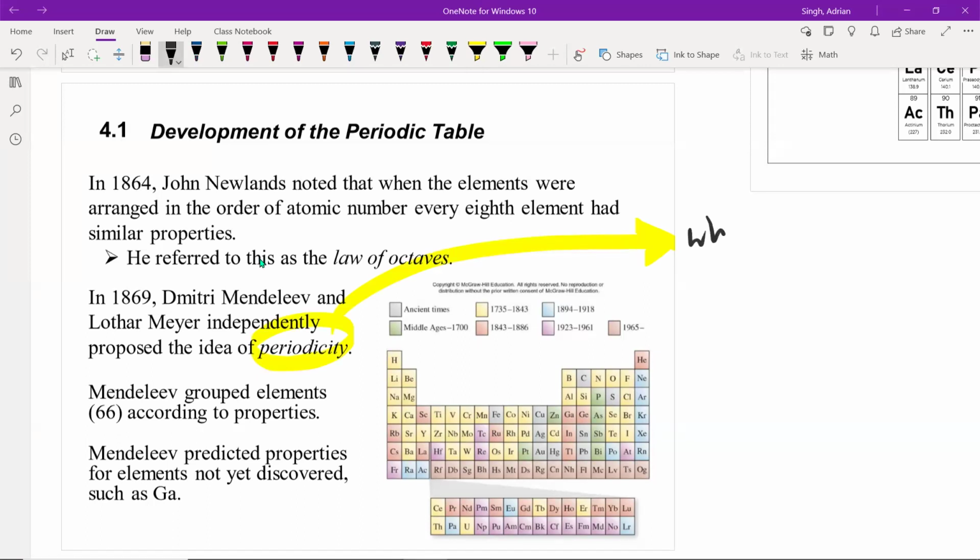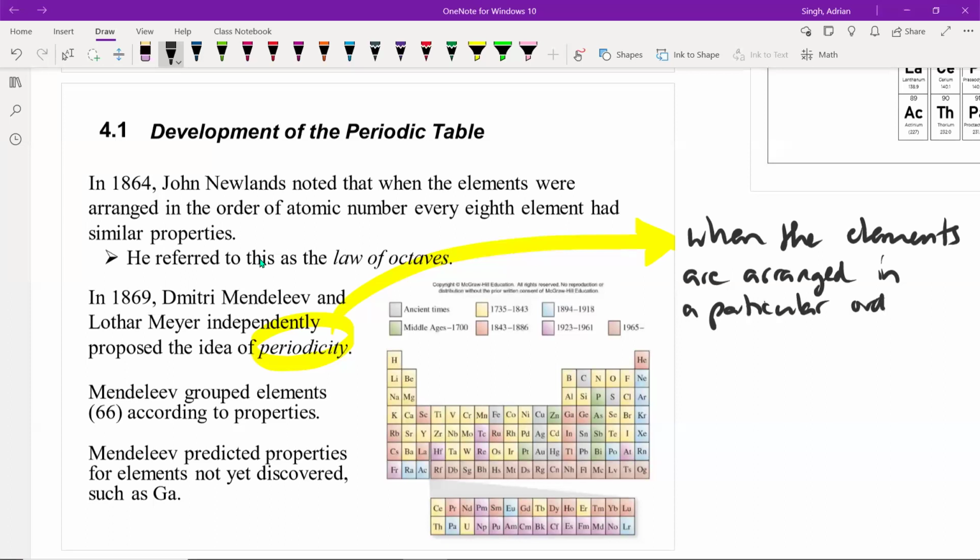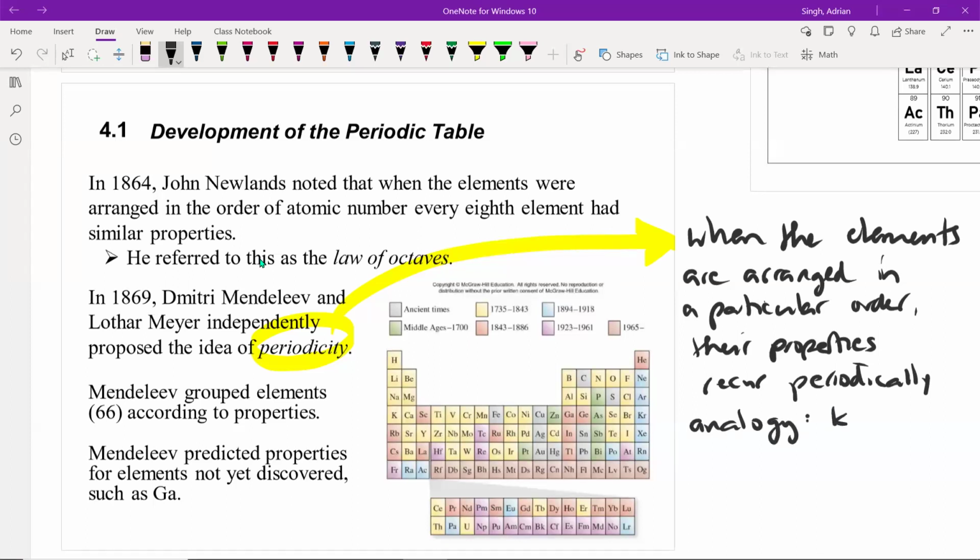Okay, so when the elements are arranged in a particular order, their properties recur or occur periodically. So what does periodically actually mean? Well, as an analogy, think about the keys on a piano.